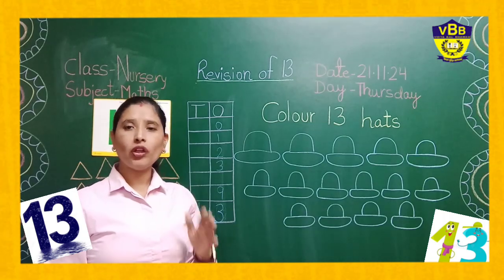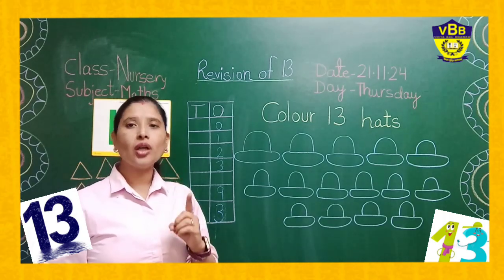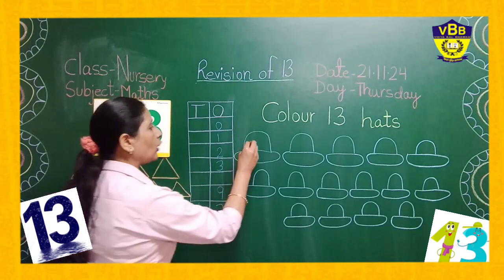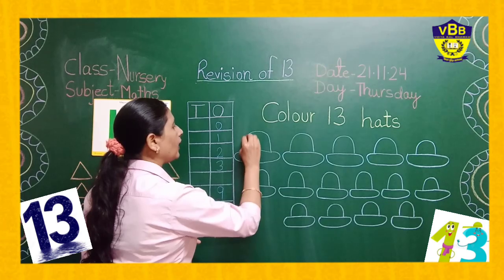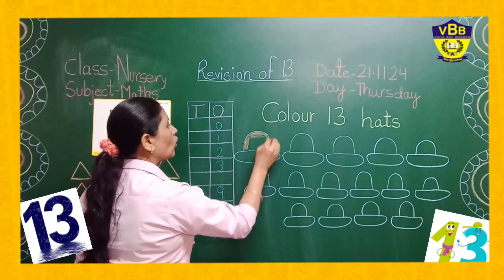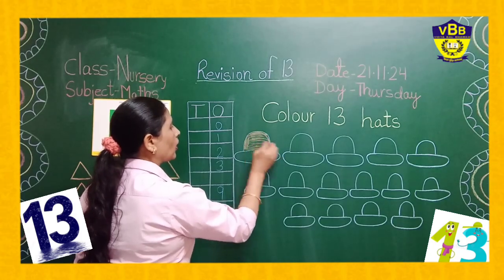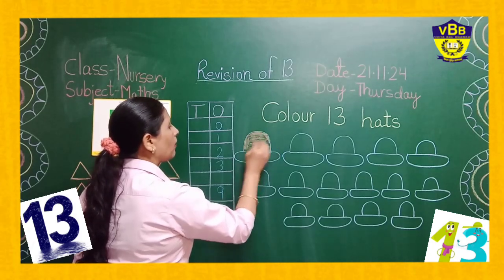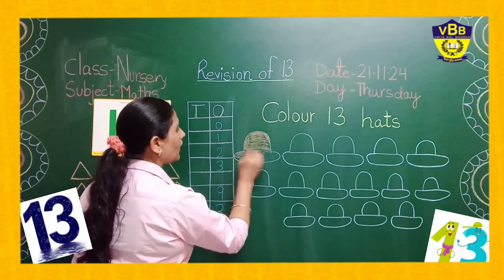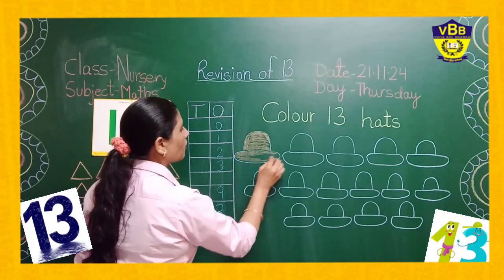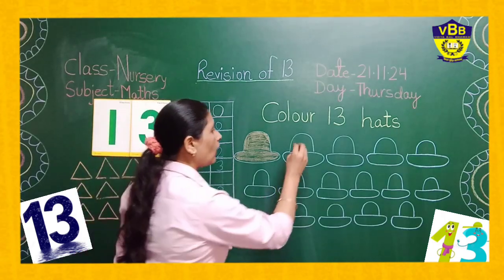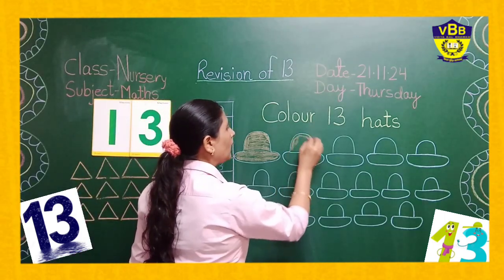Whenever you do the coloring, the color should not go outside the black color boundary. Be very careful, and always use wax color to color the picture. You can see I did the coloring and my color does not go outside the black boundary. This is the way you color 13 hats.